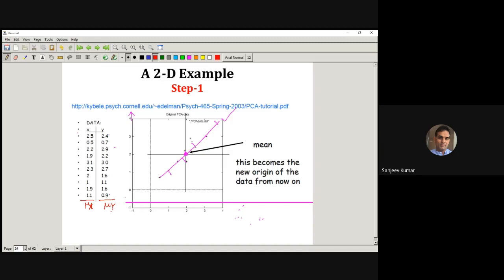You know how to find the mean: the sum of all these divided by 10, if these are 10 observations. Now you subtract this mean from each entry, and the mean of y from each entry of y. So let us say you got the new entries x dash and y dash.